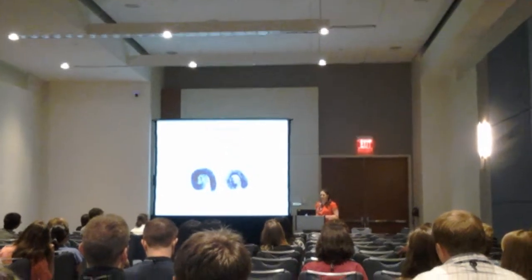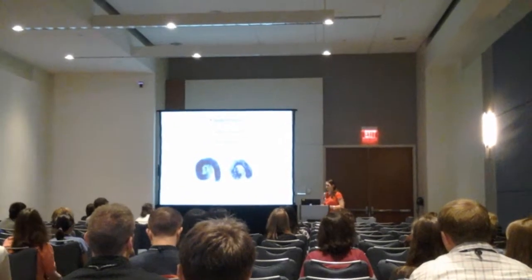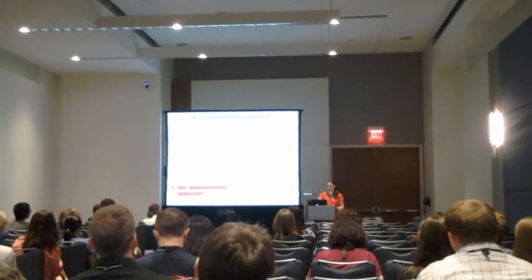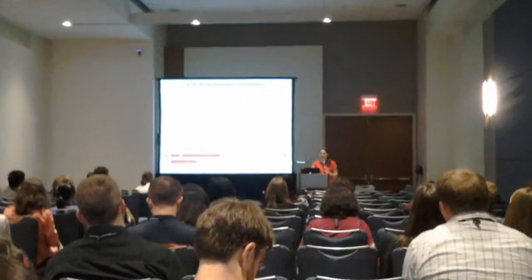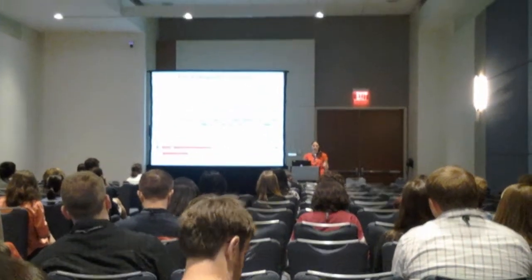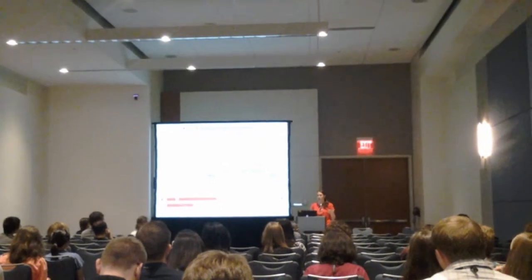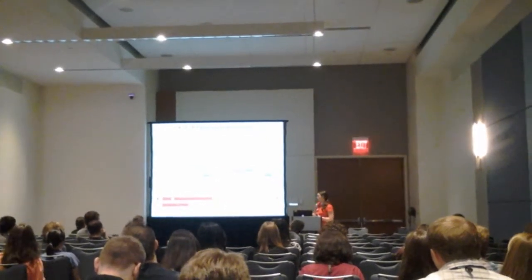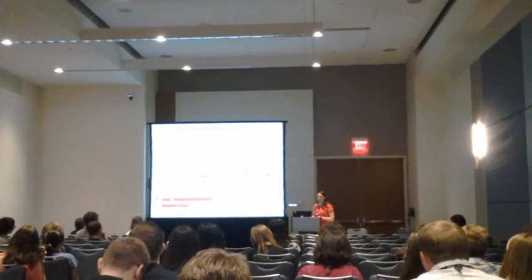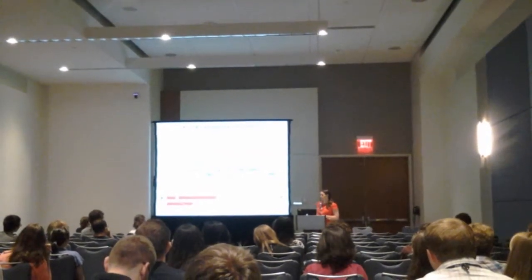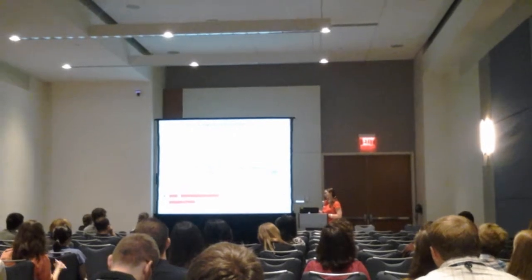I designed an experiment to answer both of these questions. What I did was I moved a small piece of the X chromosome to the autosome. These are small regions that contain very few genes, and this allows me to directly compare gene expression for the same gene when it's located on the X chromosome and when it's located on the autosome. I want to point out that this experiment did control for dose, so there's only one copy on the X and the autosome.